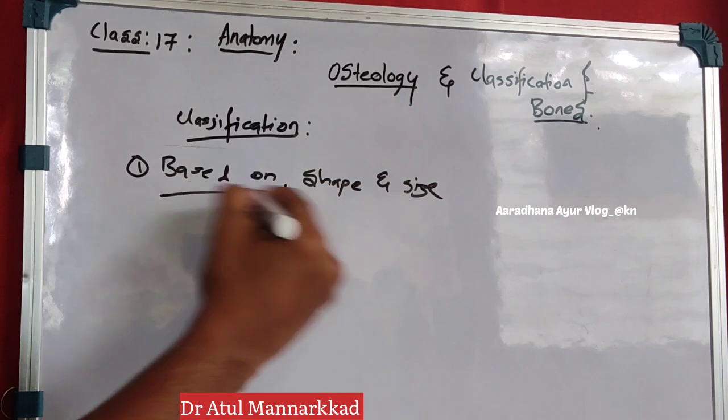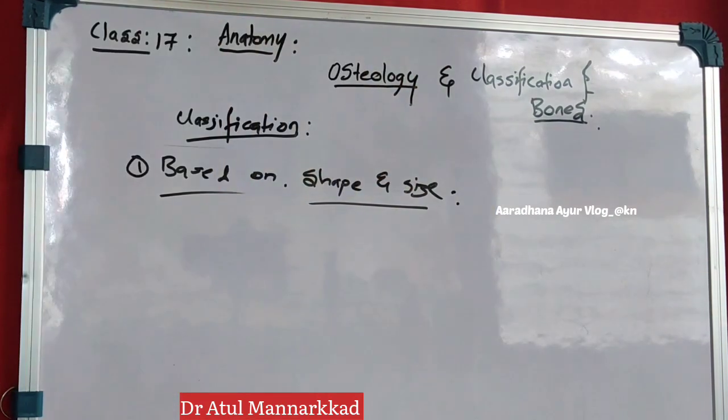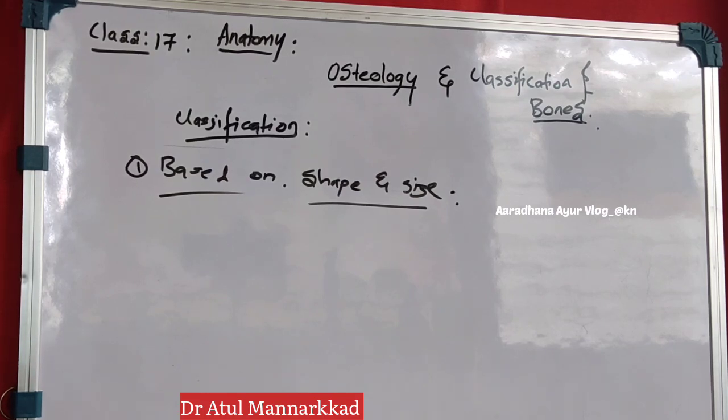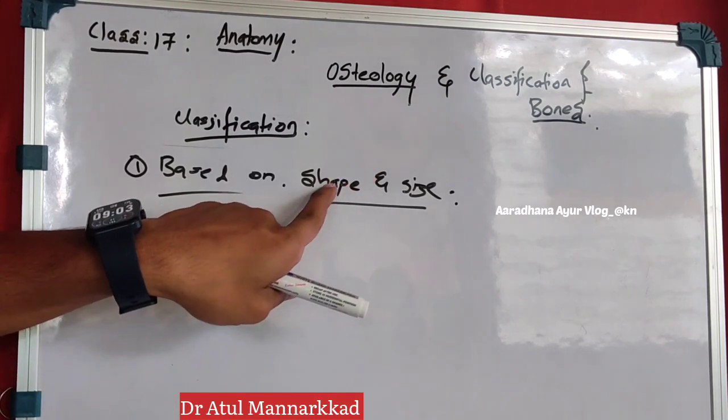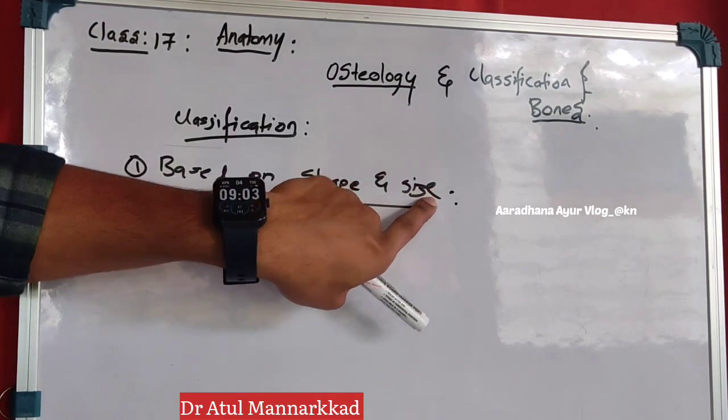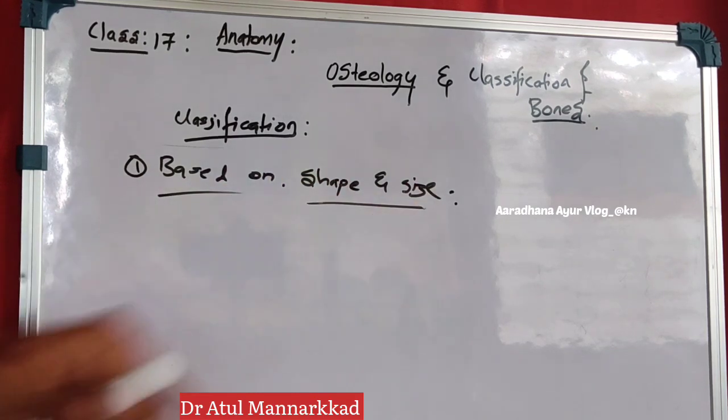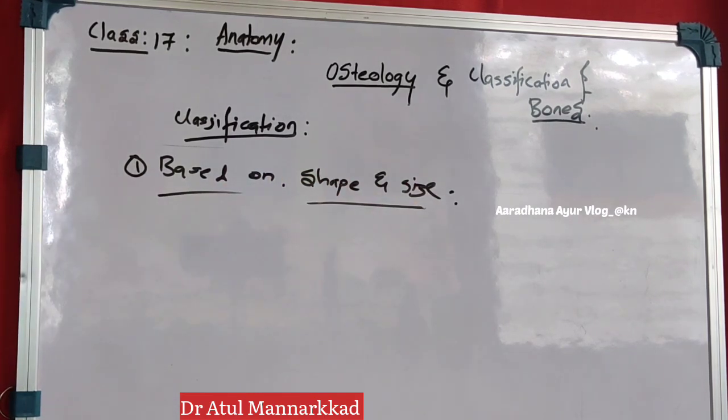Small bones will be there in size and long bones will be there. Some bones will be flat, some sesamoid, some irregular. So it depends upon the shape, and small size or large size depends on the size. Based on the shape and the size, the bones are classified.